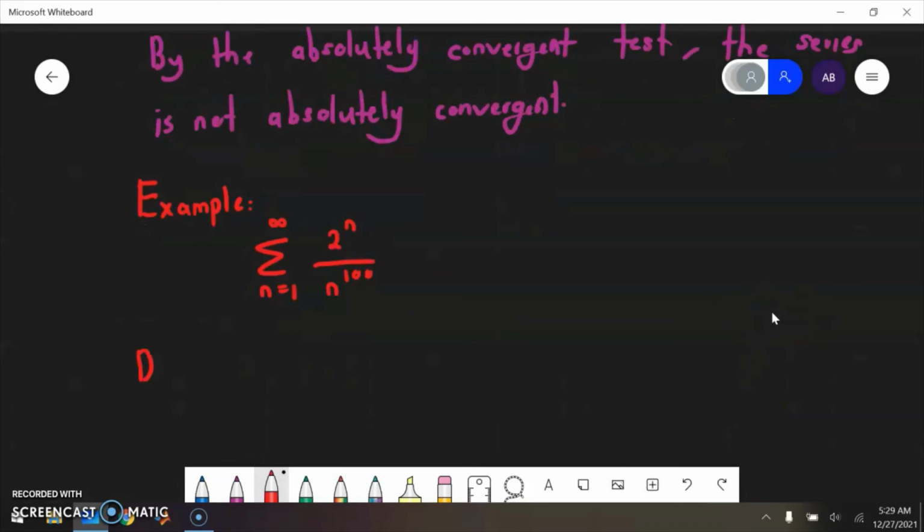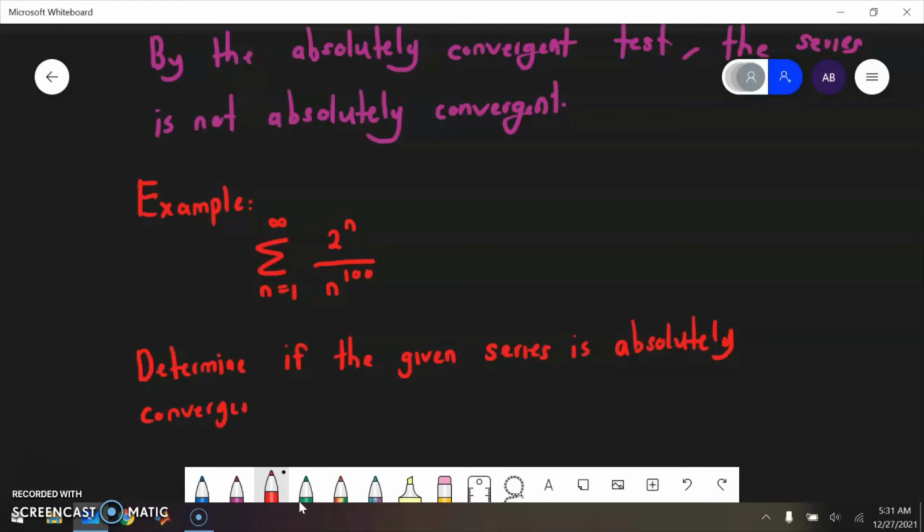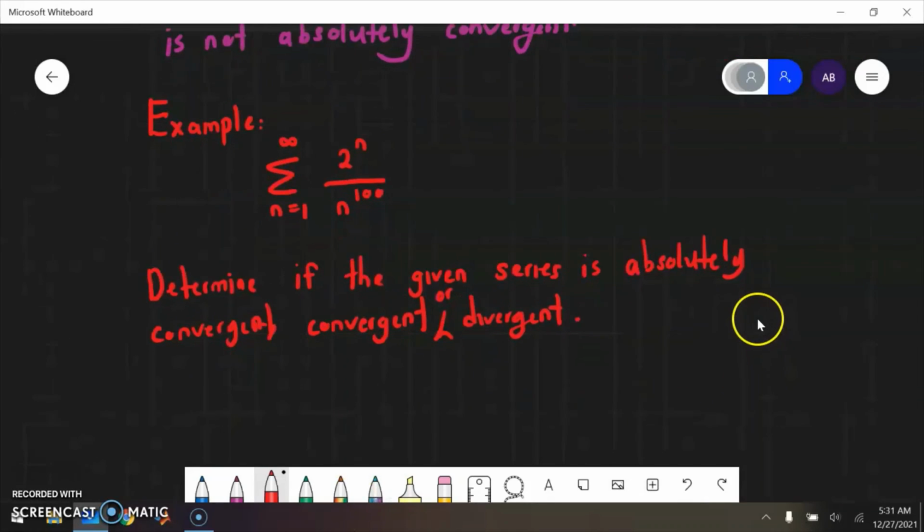Again, the question wants you to determine if the given series is absolutely convergent or divergent.